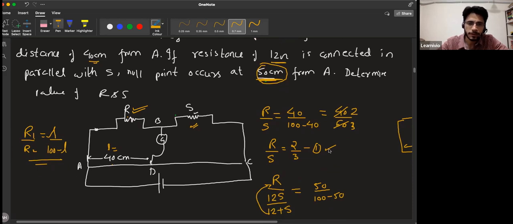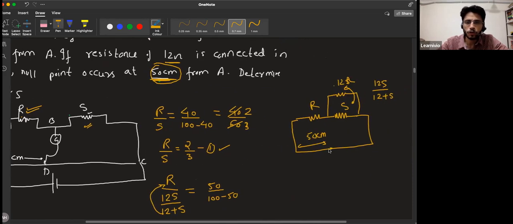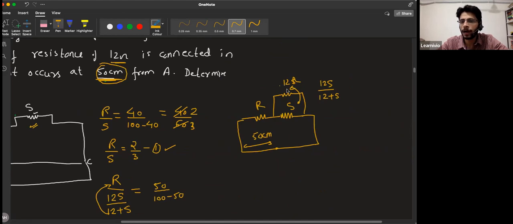Yeah. Then he's saying that now you put a resistance of 12 ohm in parallel with this, the second condition. So when you put a resistance of 12 ohm in parallel with this, the resistance of S will change, right? It will be now the parallel combination of 12 and S. And this is how we calculate parallel combination. So what is the resistance in the left arm, Hishma?